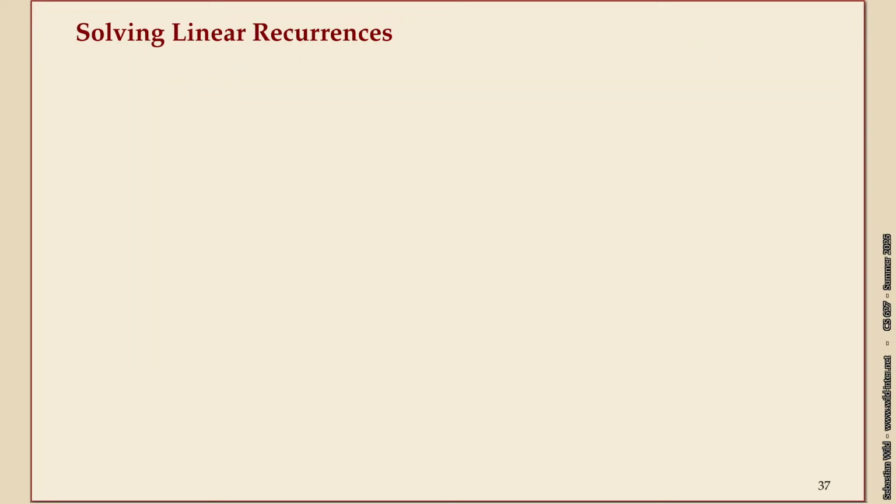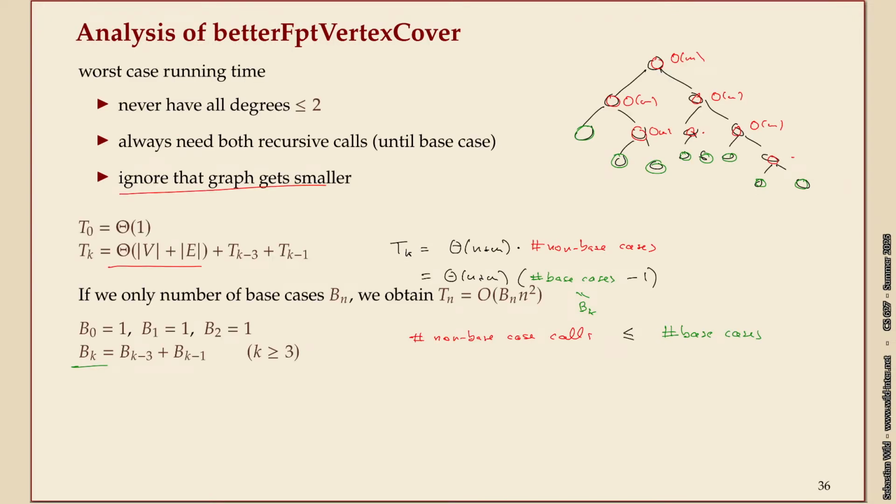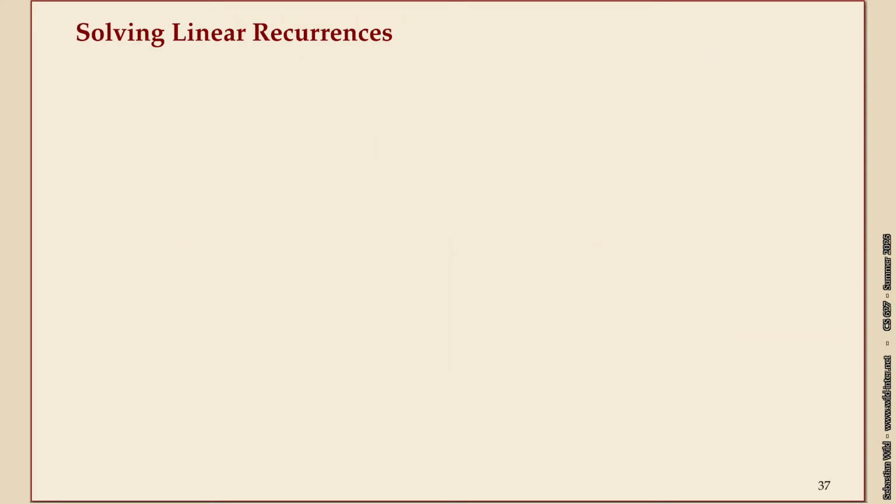So let's find out. What I want to show is on this simple example, and I'm trying to do it live so that you see the method without any kind of shortcuts. So let's copy the recursion first. We have B2 is B1 is B0 is 1, and we have BK is B(k-3) plus B(k-1).